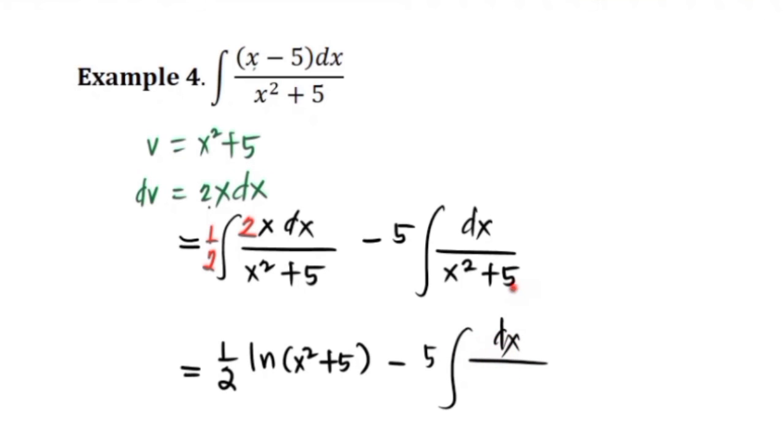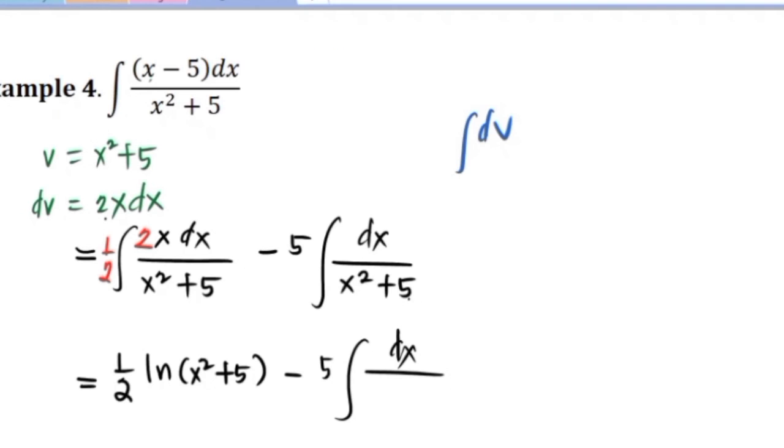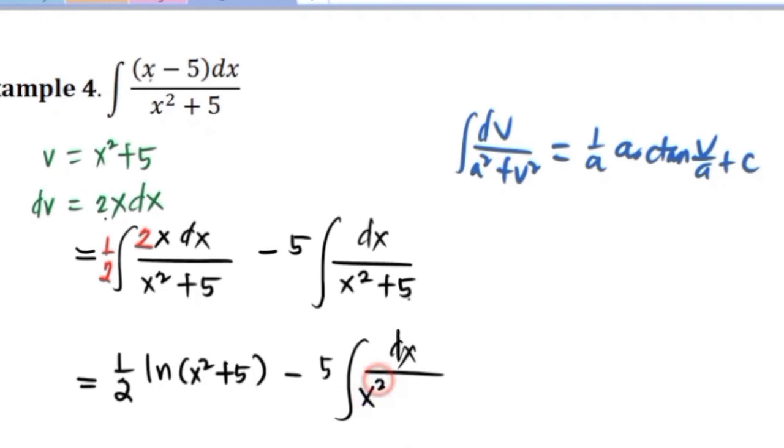So ito dadalhin natin sa form na x squared plus a squared, kasi from the formula the integral of dv over a squared plus v squared is just equal to 1 over a arctangent of v over a plus c. So that's x squared, and taking the square root of 5, so that's square root of 5 squared.